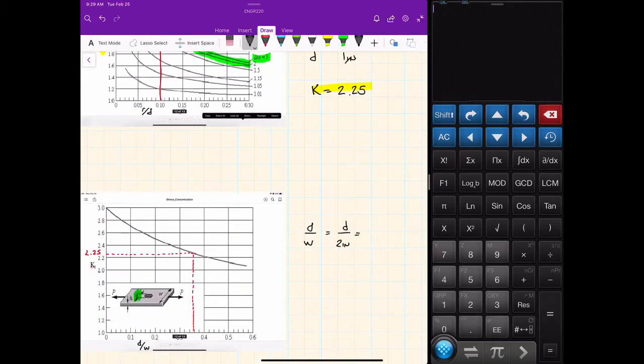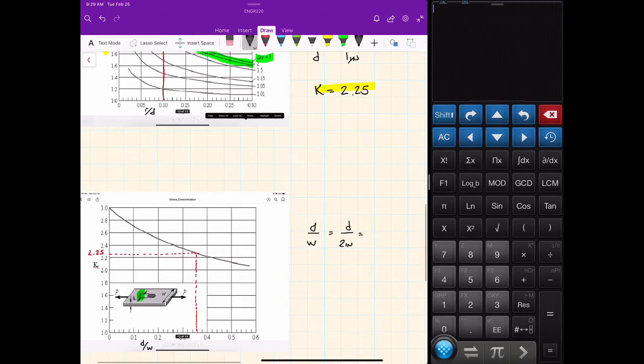And K is set at, well, we already set K. This value is going to be read off of the x-axis. Now you can't see this, it's covered up, but that's 0.3. So 0.32, 0.34, looks like it's really close to 0.36. We'll use that.